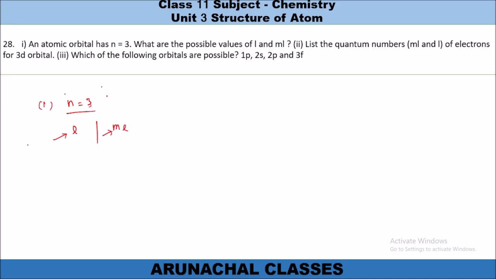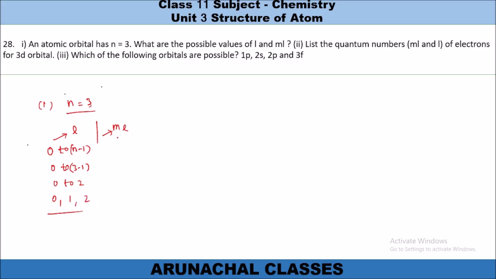We can see here this is our principal quantum number which is given. So when n value is 3, L value goes from 0 to n minus 1. So it will be 0 to 3 minus 1, 0 to 2, that is 0, 1 and 2.